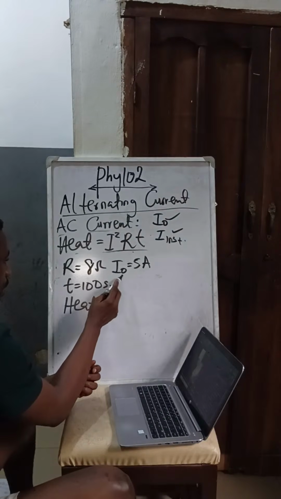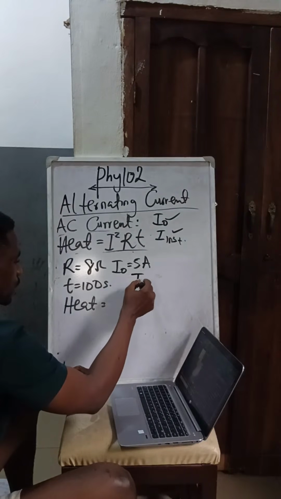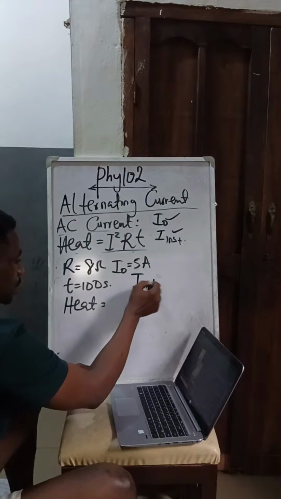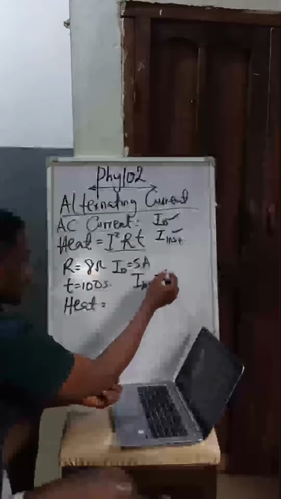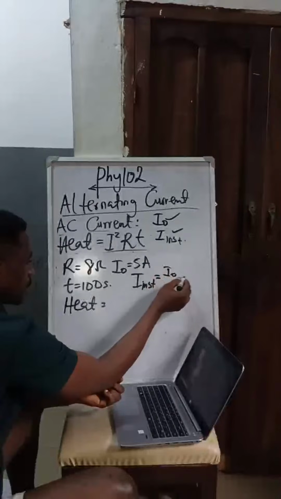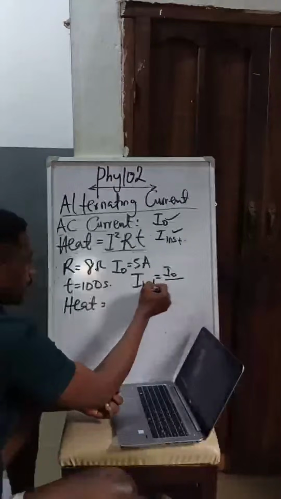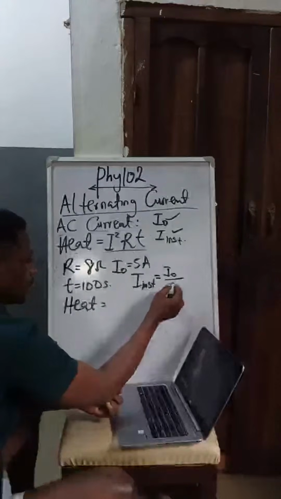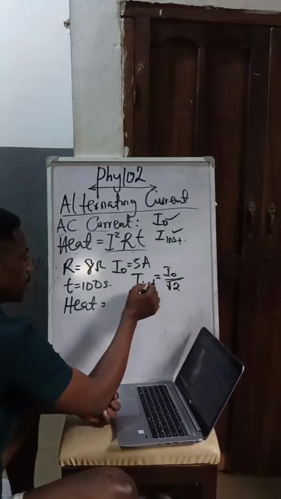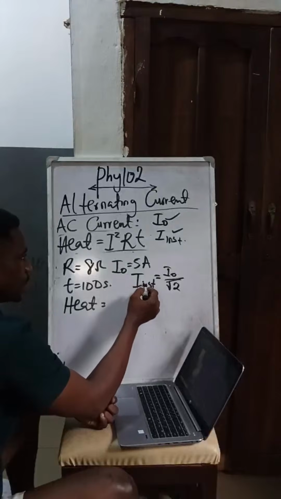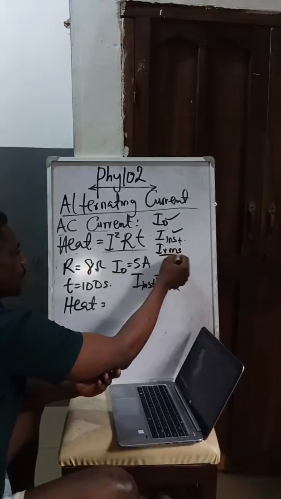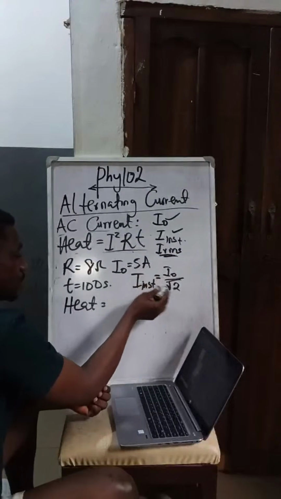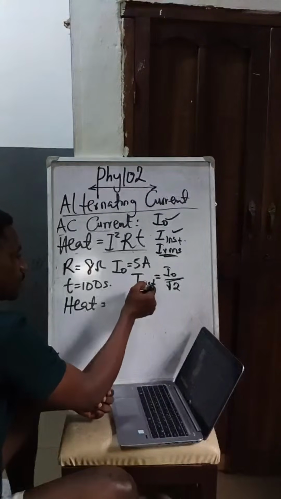I squared. You look for current, instantaneous current. Instantaneous current is equal to I naught all over root 2. Please take note, this instantaneous current is the same thing as root mean square. So I naught over root 2.